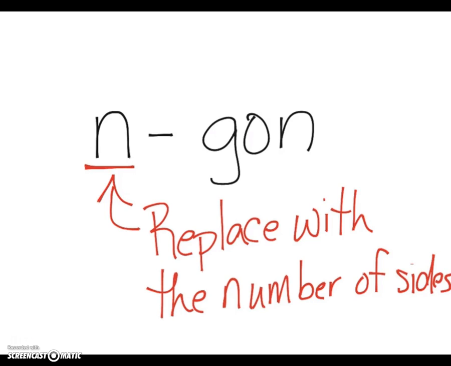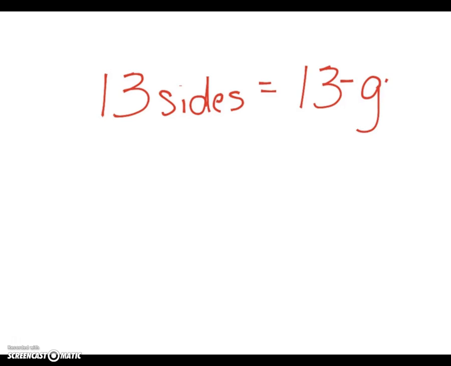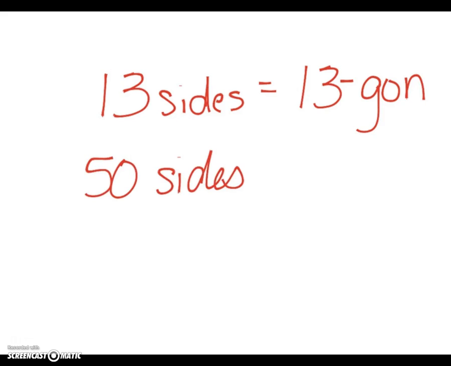So for example, if I have a figure that has 13 sides, okay, it would be a 13-gon. You just write it 13 dash gon. If I had a shape that had 50 sides, okay, it would be a 50-gon. Okay, so after 12, they really get quite a bit easier in my opinion.